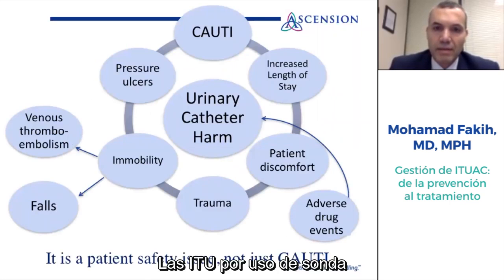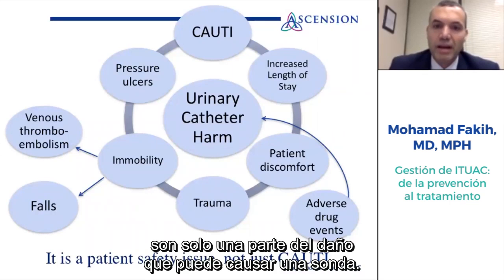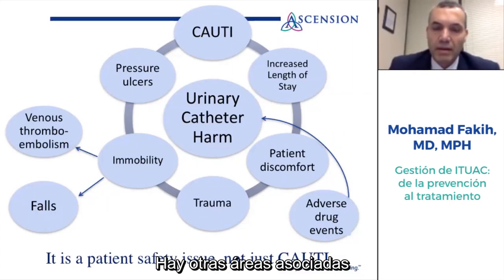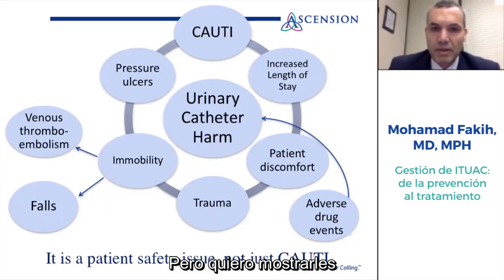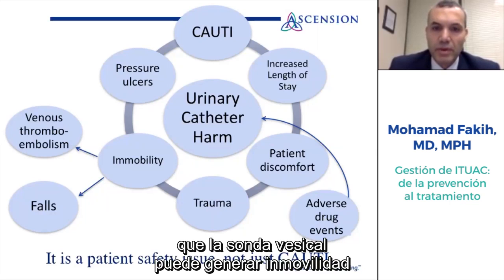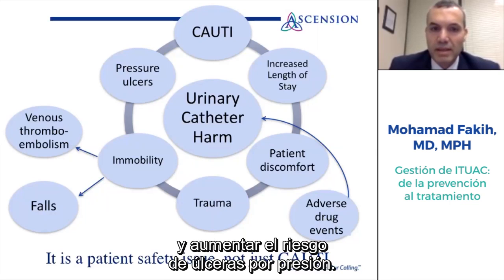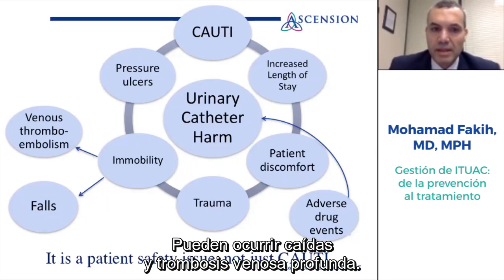So when we look at catheter-associated UTI, it's just a part of urinary catheter harm, and there are other associated areas where the urinary catheter can really lead to injury to the patients. Some are infectious, some are non-infectious, but just to share with you, urinary catheters increase the risk of immobility, so pressure injury risk also increases, and also there's potential of falls and deep venous thrombosis.